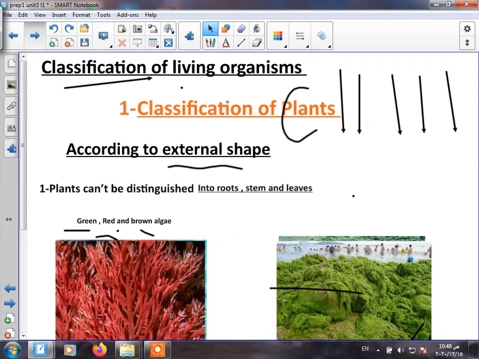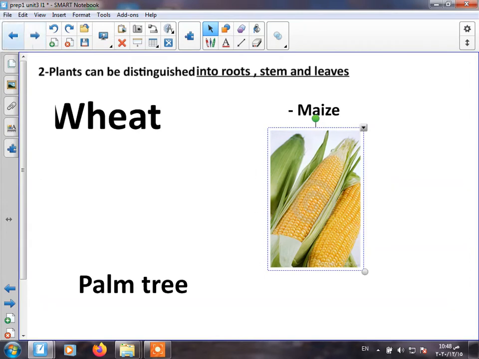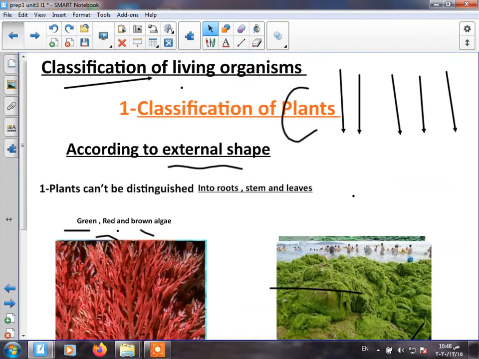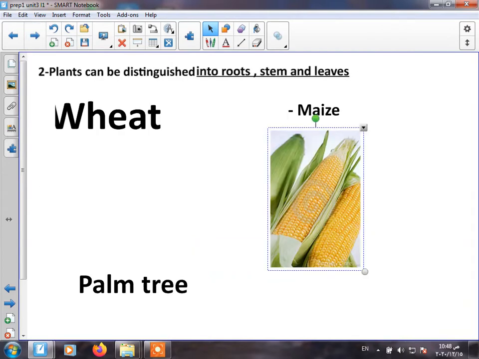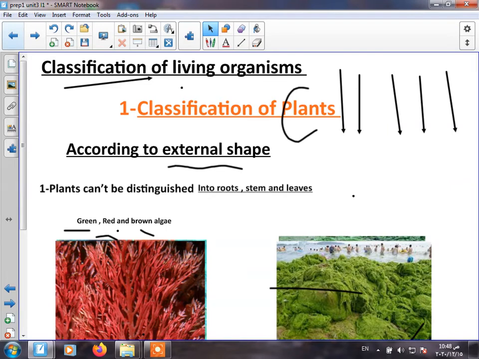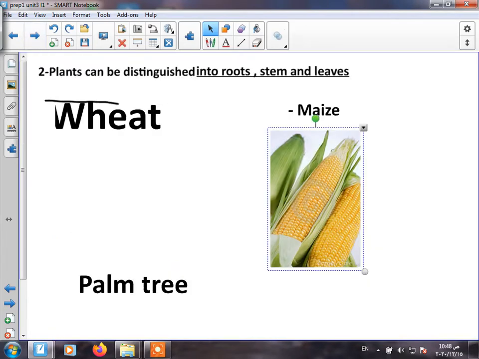Wait, we forgot the second one. Plants that can be distinguished into roots, stem and leaves. The plant is classified into two types according to the external shape: plants that can't be distinguished and plants that can be distinguished.